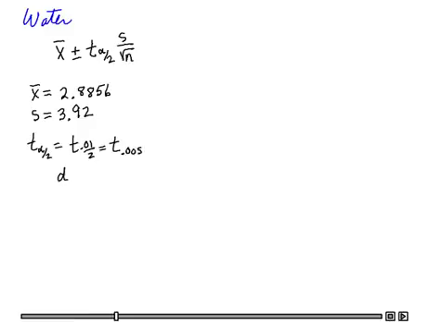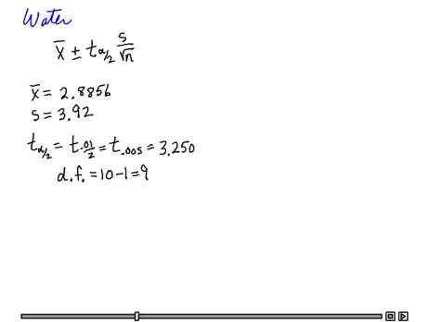The degrees of freedom will be the sample size subtract 1, so in this case I'll have 9. In the t-table, if I look under the column 0.005 and down to row 9 for the degrees of freedom, I get my t value to be 3.250.